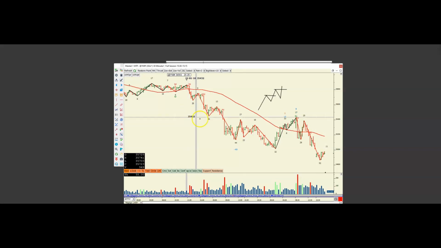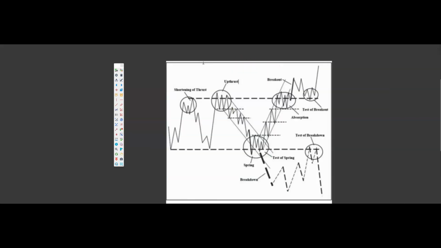So from the perspective of behavior, you cannot describe it with a shortening of the thrust. You cannot describe it from a perspective of climax. You have to describe it from breakouts and breakdowns if you're going to describe trend. Anyway, long story short, by behavior I don't mean just higher high, higher low.